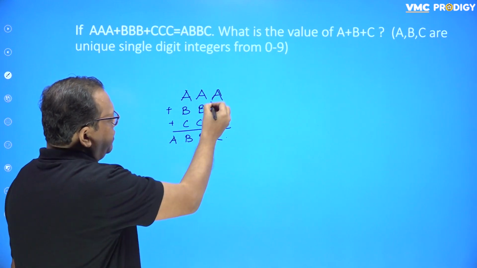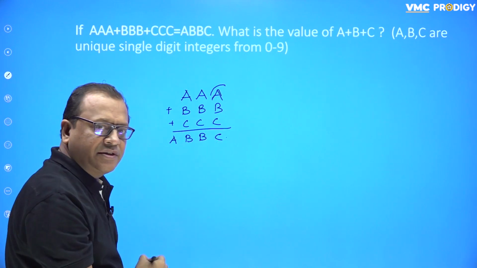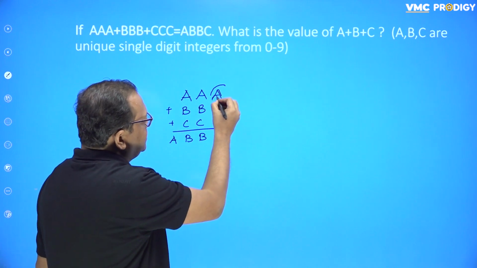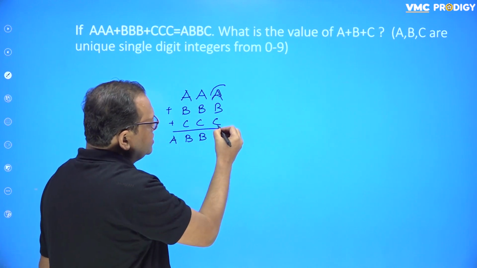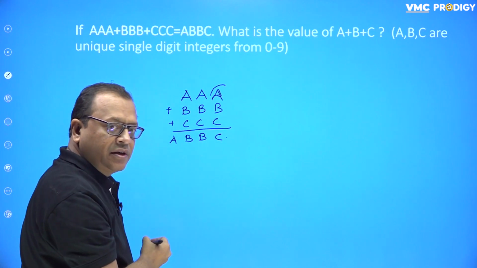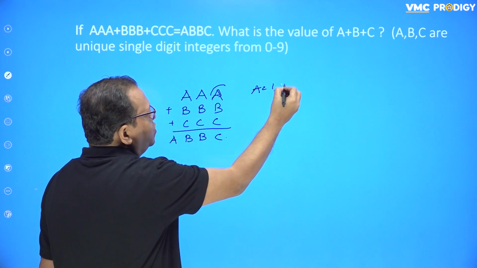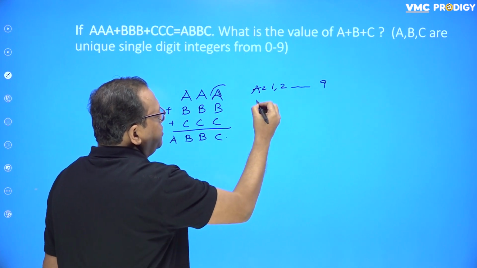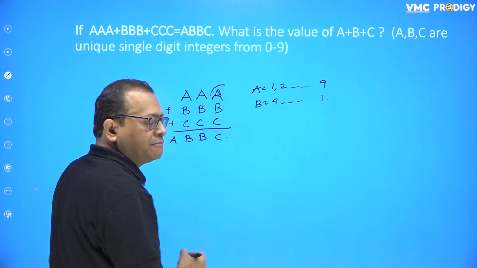Now if I add A, B and C, the result is C, which means can I say A plus B is 0? Because only if A plus B is 0, then C plus 0 will be C, which means A will be 1, 2 to 9 and B will be 9 to 1.